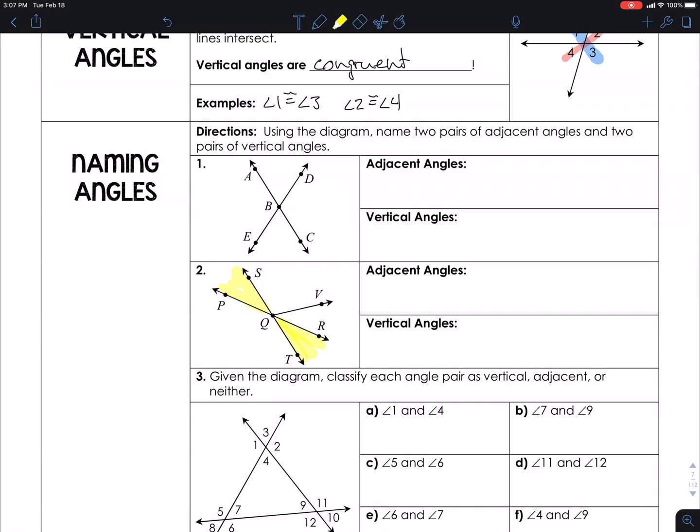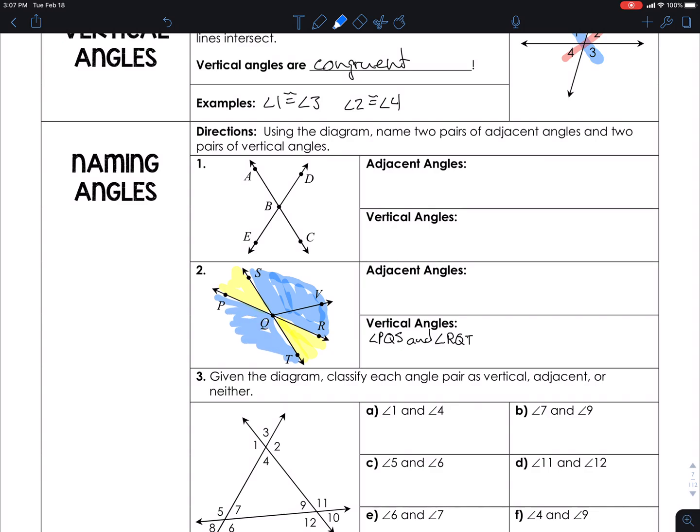You don't need to color them in, just write down what I'm writing. So vertical angles, that's angle PQS and angle RQT. Remember, the vertex always goes in the center of your naming. That's why Q is in the middle every time. The only other angle, since those two lines cross, is right here. I'm going to color that and this.